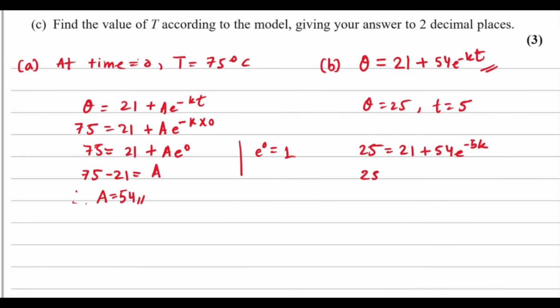Now upon simplifying we get e to the power of minus 5k equals 25 minus 21 divided by 54, and this gives us 2/27.